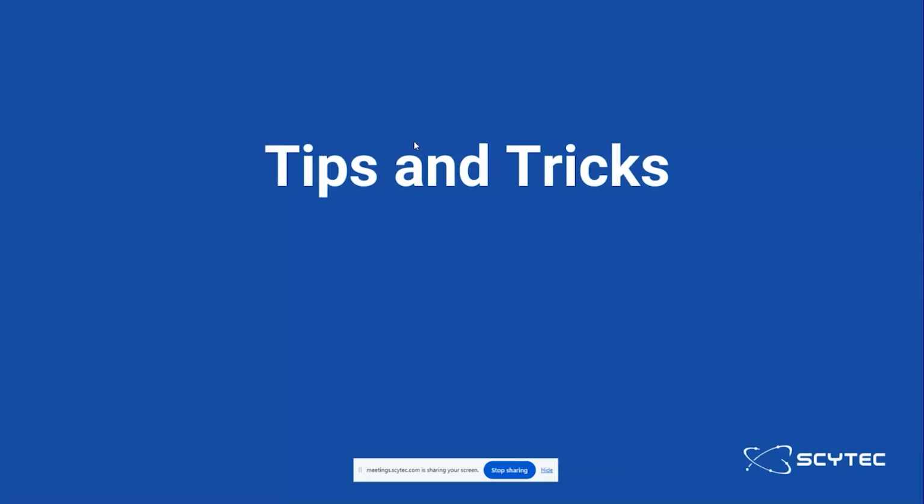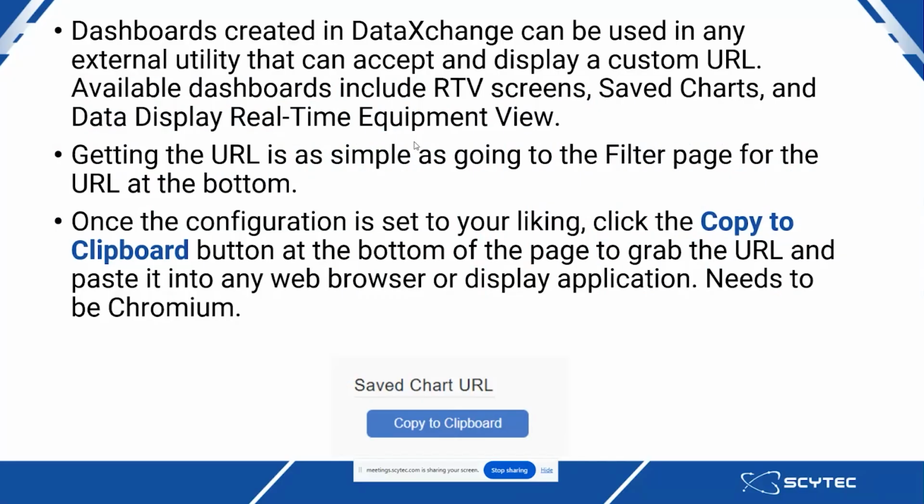As we wind down this webinar, I'm going to be going over some tips and tricks for both the equipment view and the RTV. Starting out, the dashboards created in DataXchange can be used in any external utility that can accept and display a custom URL. The available dashboards include RTV screens, saved charts, and the data display real-time equipment view.